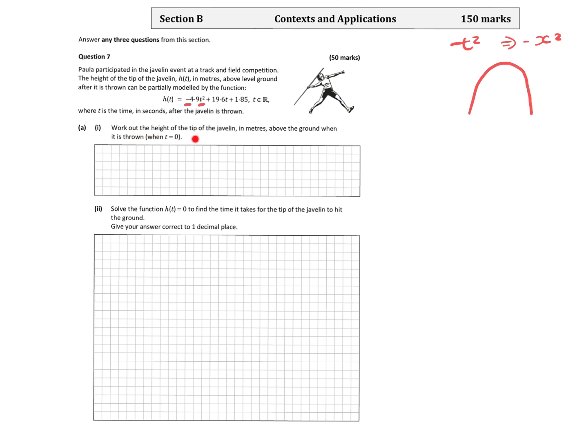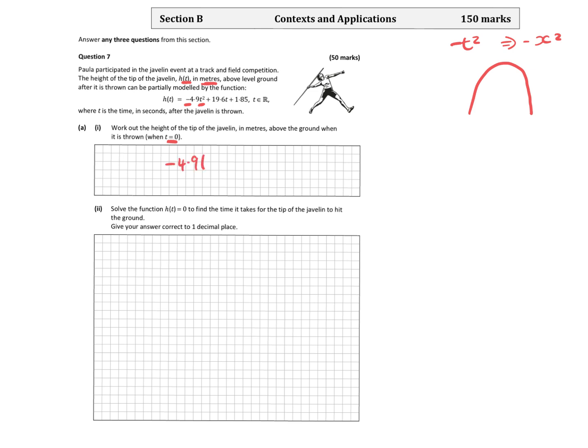So work out the height of the tip of the javelin in meters above the ground when it is thrown. Now they give you a massive hint here, they say t is 0. Remember, h stands for height in meters. So work out the height in meters above the ground when it's thrown if t is 0. So you are just putting in 0 here.